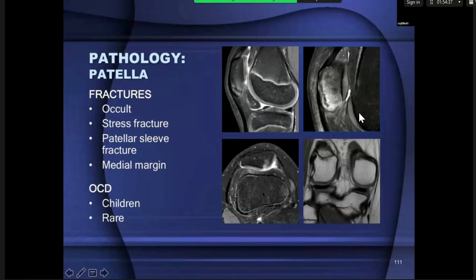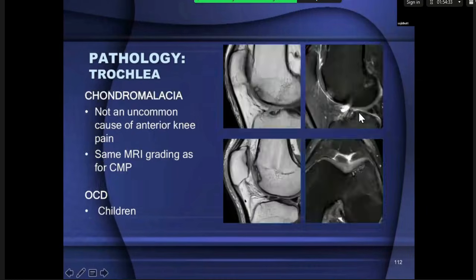You can get osteochondral injuries of the patellar cartilage in young patients. Whatever problems of cartilage you can see on the patella, you can also see on the trochlear surface. You can see chondromalacia, bone bruising, subchondral signal abnormality, osteochondral defects, softening of the cartilage in younger patients.